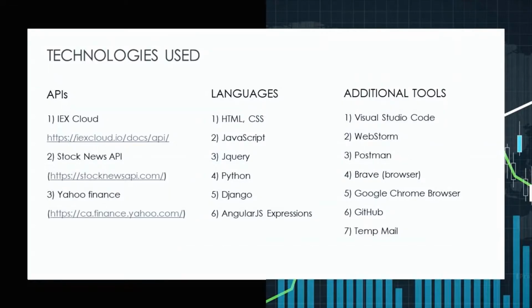So in order to implement this project, we had essentially APIs, languages, and additional tools we used. The three main APIs we used were IEX Cloud, Stock News API, and Yahoo Finance.